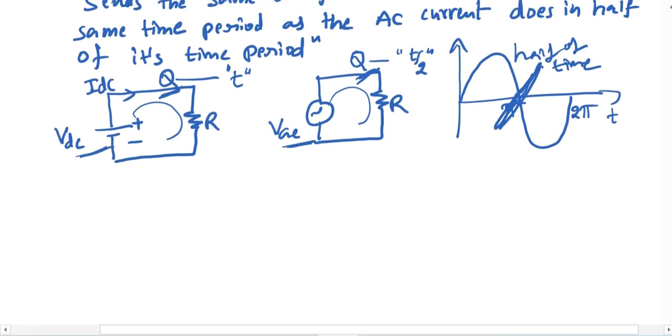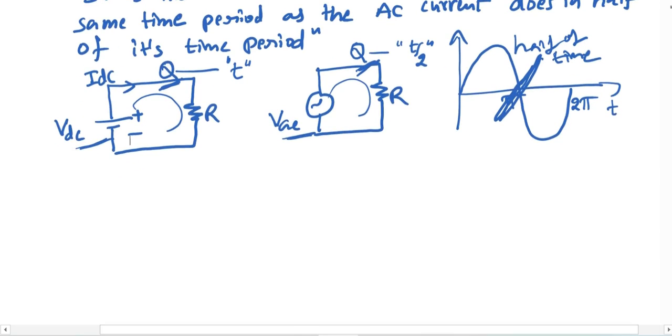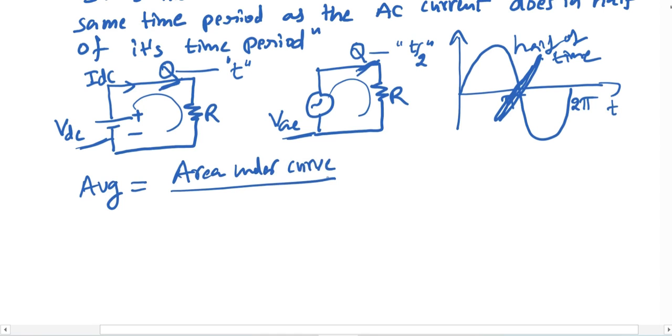If you want to calculate the average value for sinusoidal signals, this generalized form might have been studied in your classes: the average is the area under the curve divided by the time period. That is the formula you need to understand here.